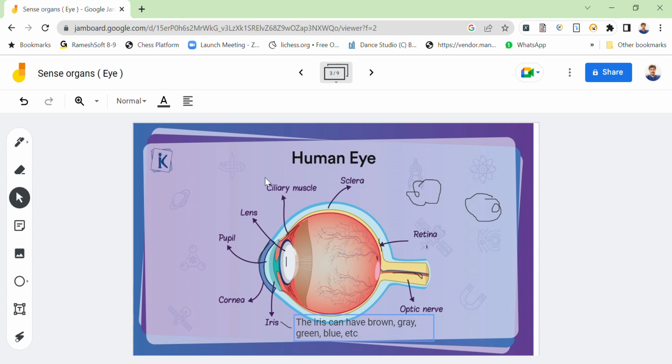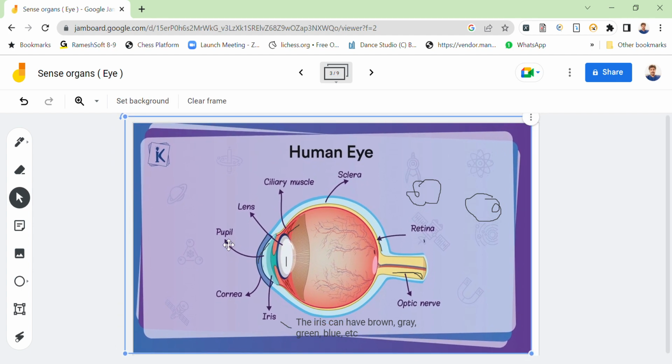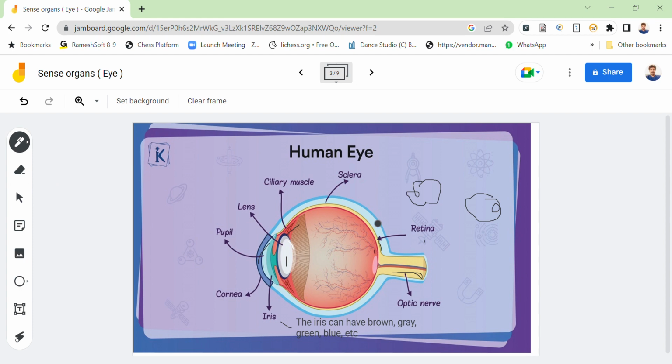Now let's come to the retina. So basically this whole layer is the retina. Okay, now we're done analyzing the picture of the human eye.